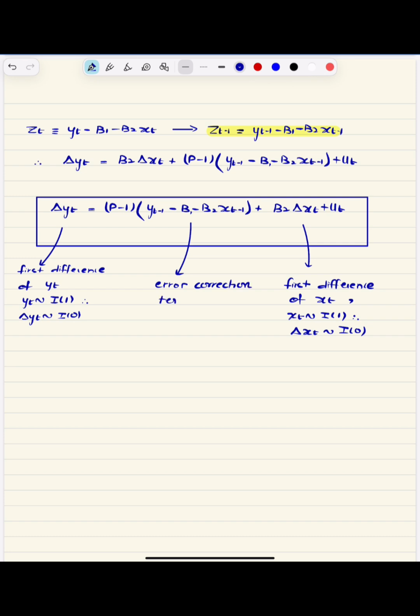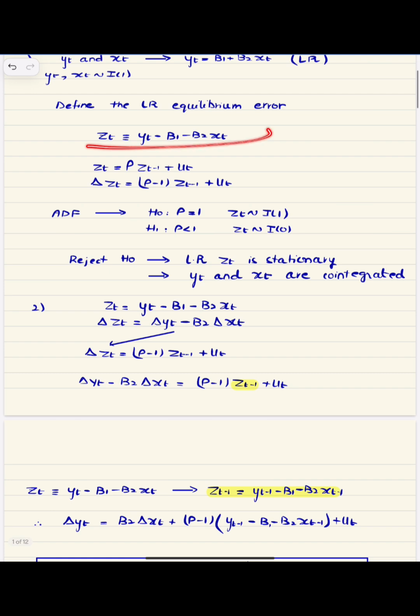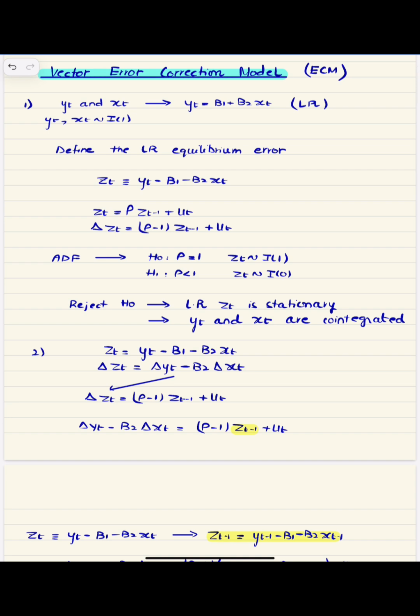Which by the way we were labeling as z, right? And we said that the only way that x and y are cointegrated is when the error is stationary, right? So what we're asserting is that the value of rho is in fact less than 1.